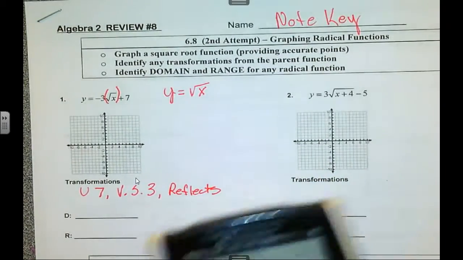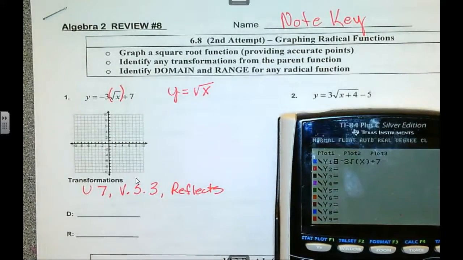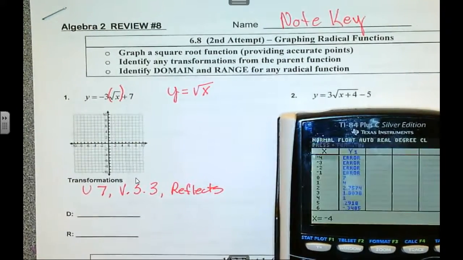So let's get some points and easily graph this thing. Okay, so let's go to our chart. And notice that we can't take square root of negative numbers, so we get all those error codes.